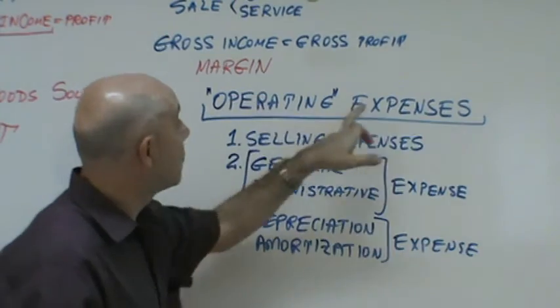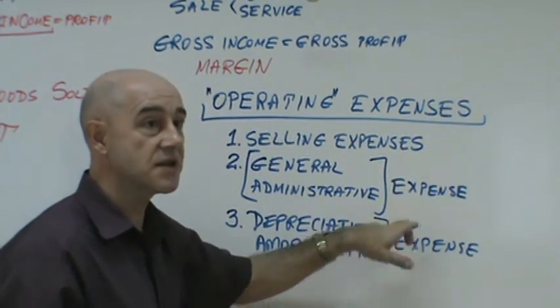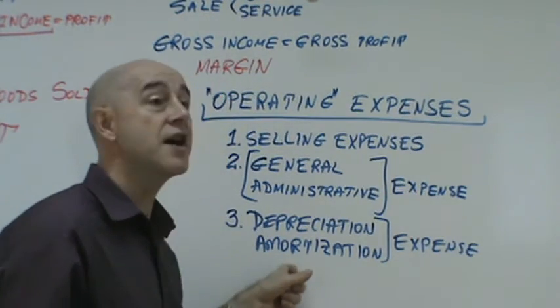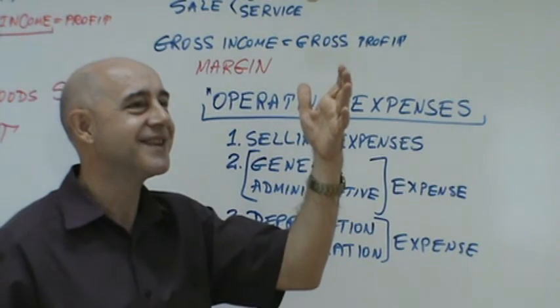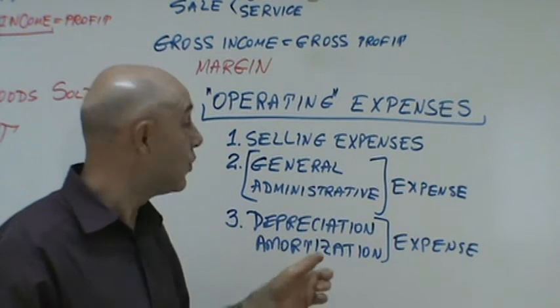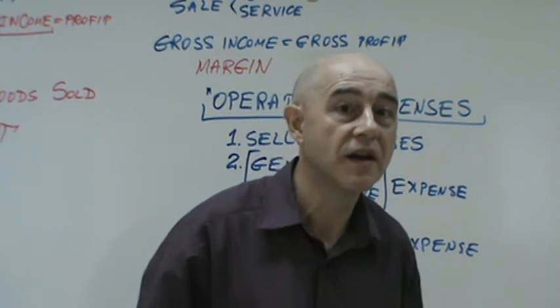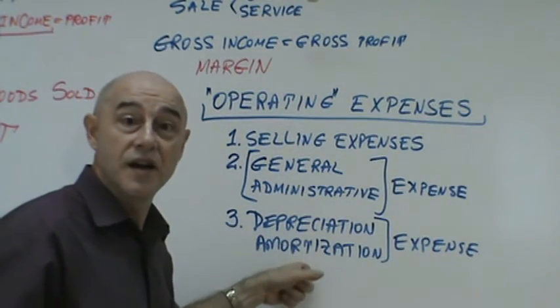Remember, these are operating expenses, so each of these is an expense. So what's the difference between depreciation and amortization? We did it in financial economics. What's the difference? Anybody? It depends on the asset. Depreciation is about a tangible asset and amortization is intangible.